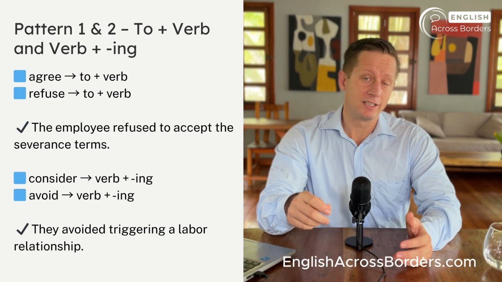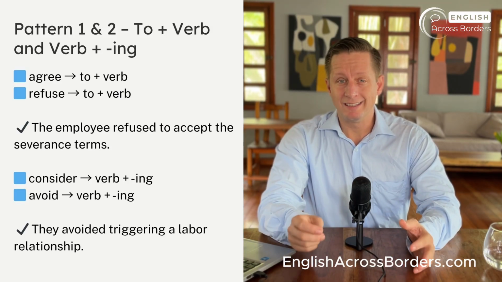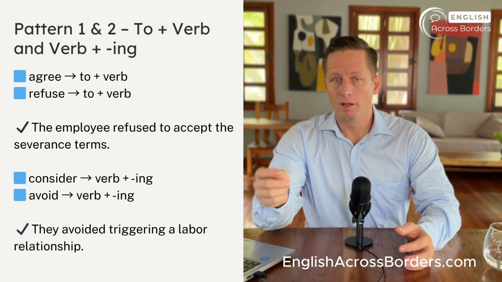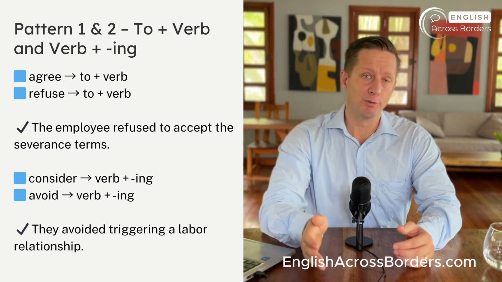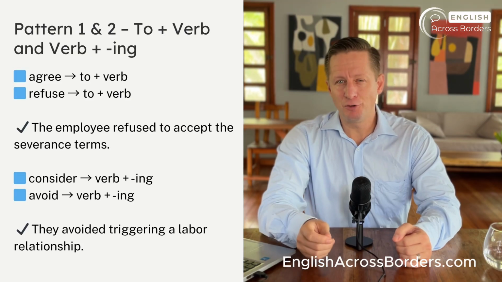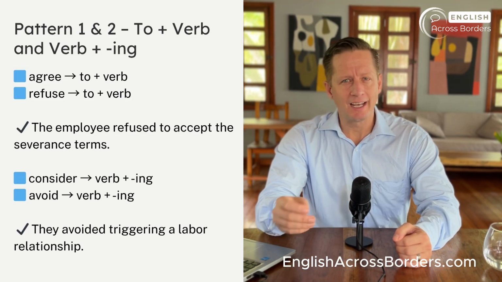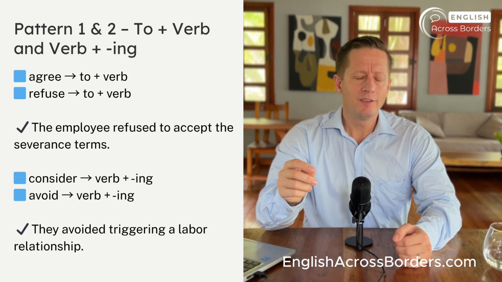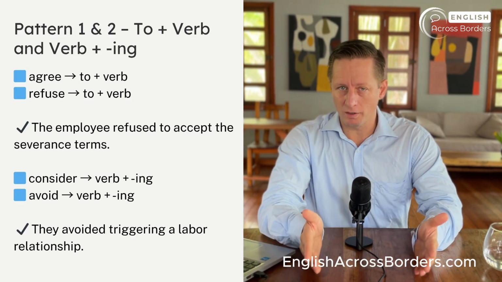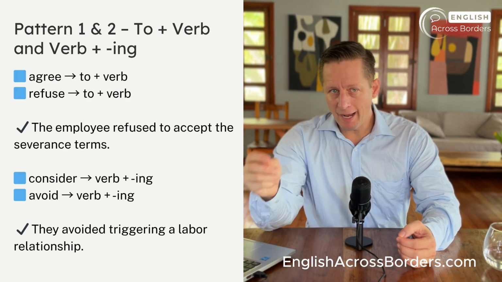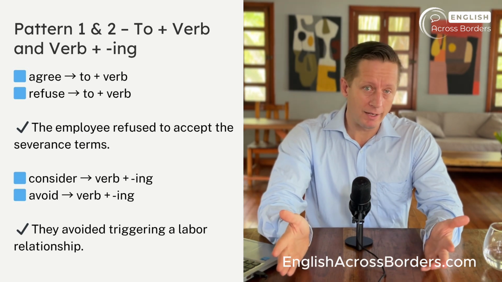Other verbs like consider or avoid need the ing form. For example, they avoided triggering a labor relationship. Again, if you said it avoided to trigger, it wouldn't sound right. These choices aren't random. They're built into how English works. But once you learn the pattern, it becomes automatic.